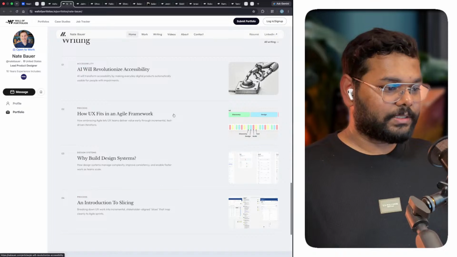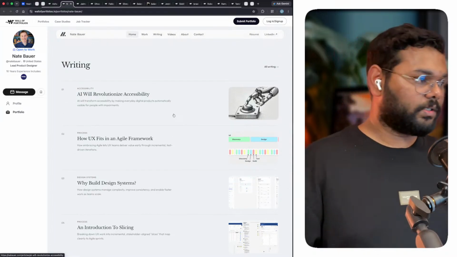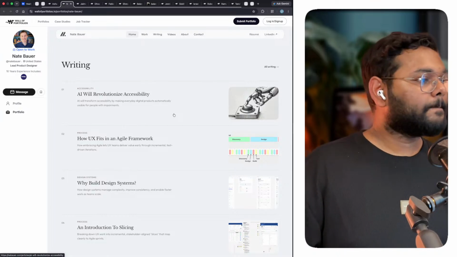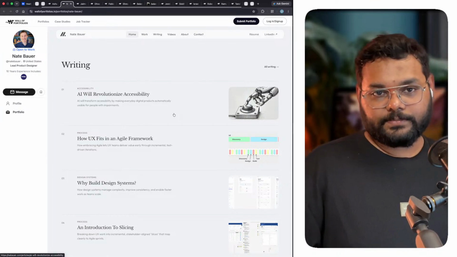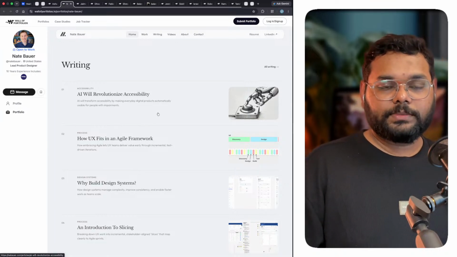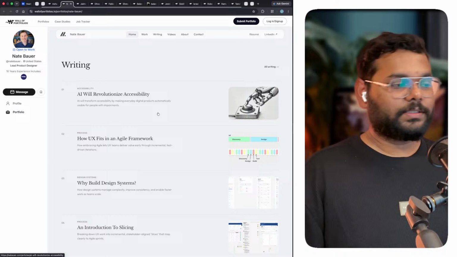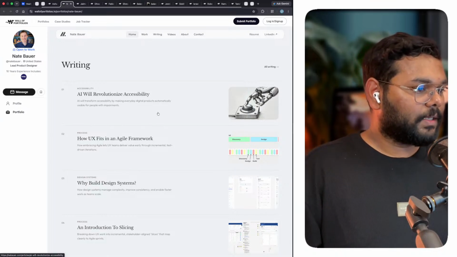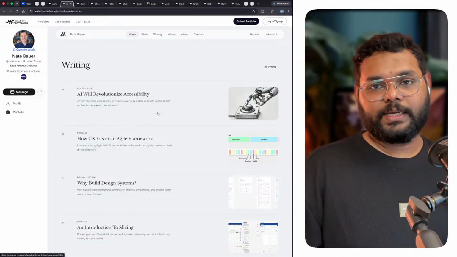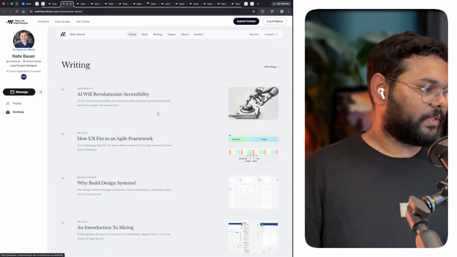So he also writes. Having a blog is really good. You can definitely write it on Medium and link it. It's pretty simple. Or you can just build it in Figma Sites with CMS itself. But on Medium, you will get a lot of viewers, and they will also benefit from whatever you are writing.